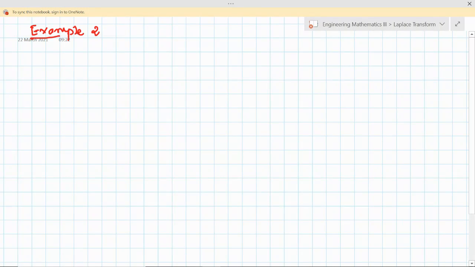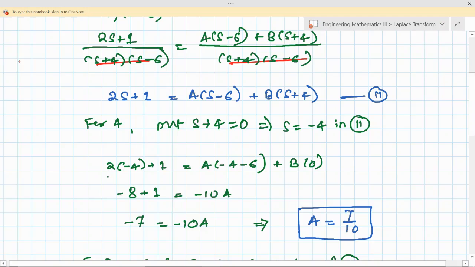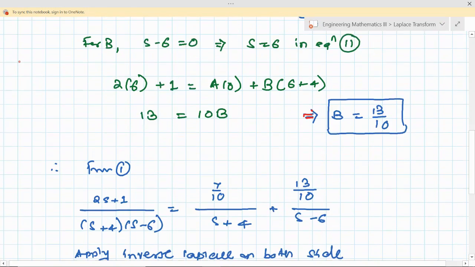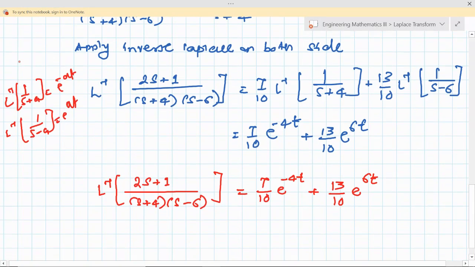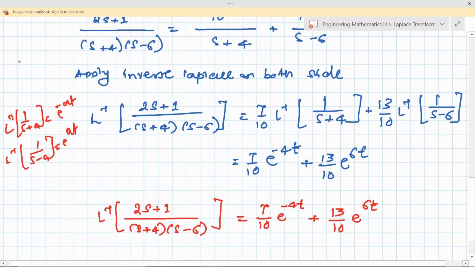All these examples were in the previous question paper, so you can find them. In online exams there may be a question like this. So the partial fraction of this is nothing but 7 by 10 into s plus 4 plus 13 by 10 into s minus 6, and then what is the inverse Laplace of this? You just have to apply the results and you will get the answer.